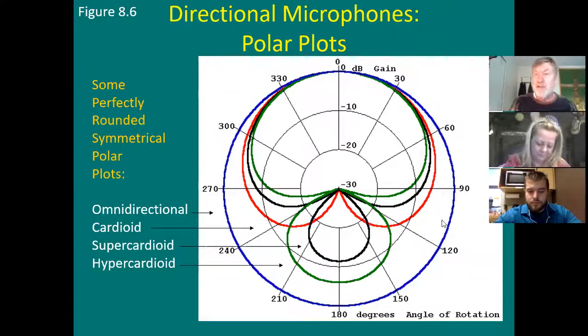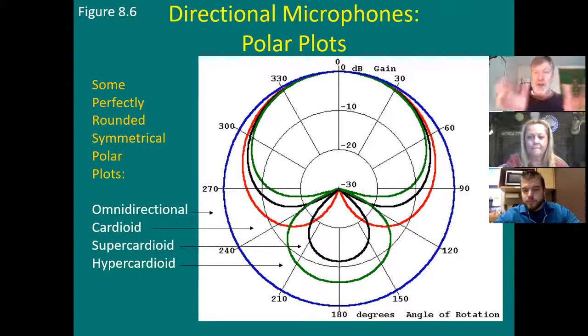So if you added up the differences for the red, you added up the differences for the black and for the green, and divided by 360, you'd end up with a number of about 5. That's called your directional index. So your DI, directional index, is a numerical quantification of your polar plots. Polar plots are showing you visibly. They're just giving you a picture. And the DI is the actual number, the difference in sensitivity between a D mic's for side and rear sound compared to an Omni mic sensitivity for side and rear sounds.